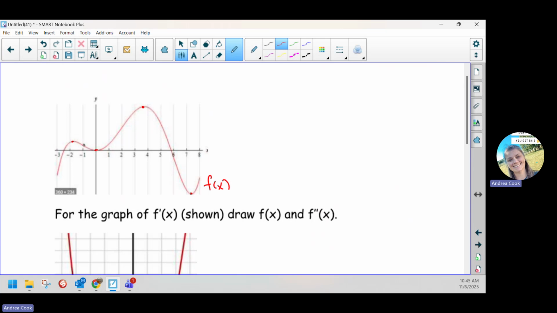So this is concave down, and somewhere there goes to concave up. And then about there, it changes to concave down. And then maybe somewhere around there, it changes to concave up again. So now when I graph the derivative, I'm going to start with these horizontal tangents. They become x-intercepts.